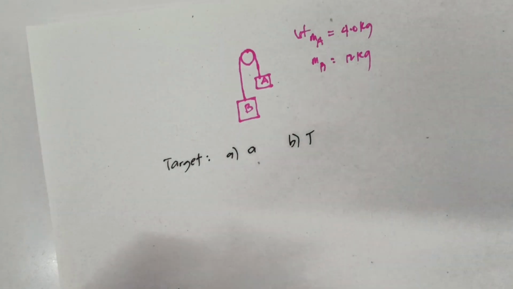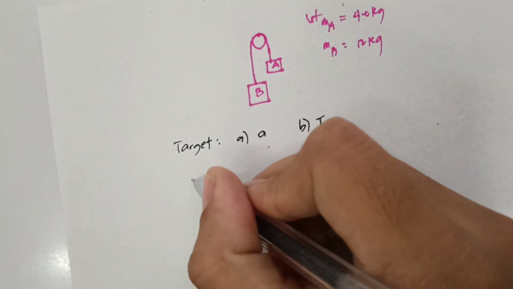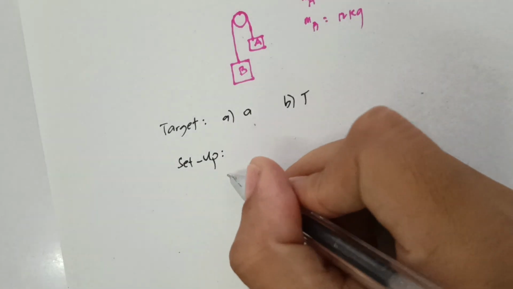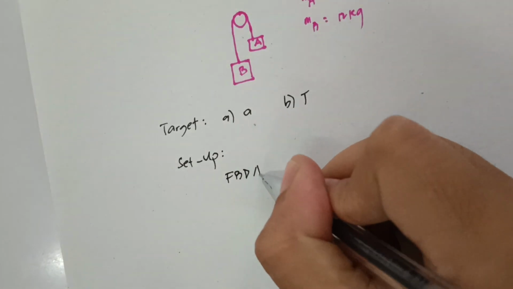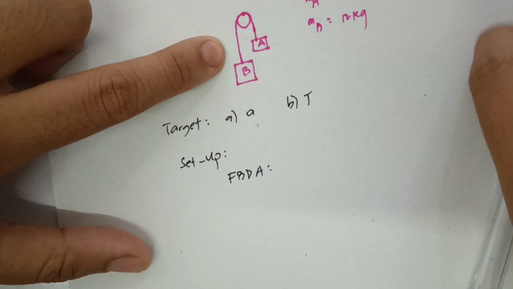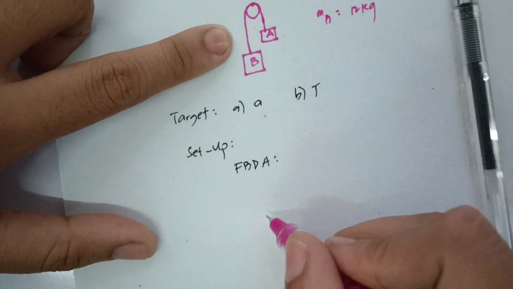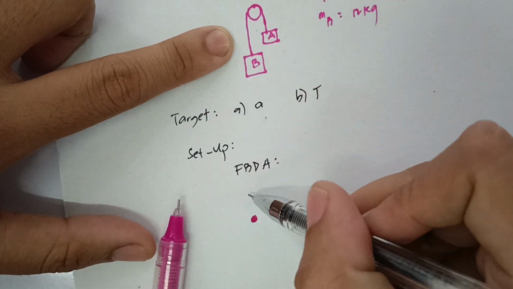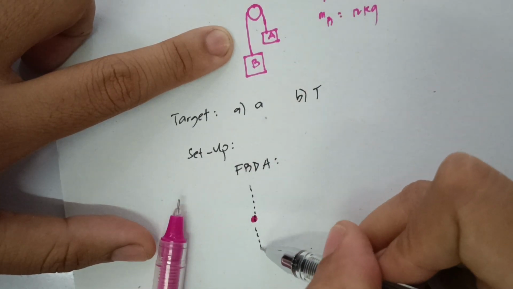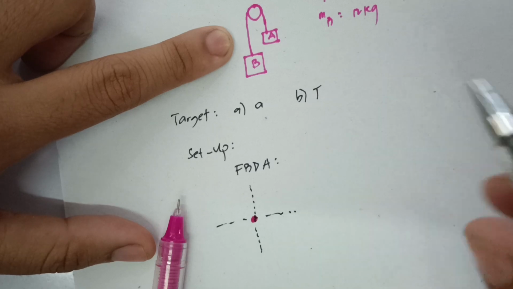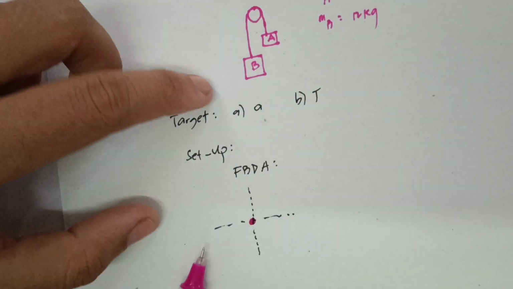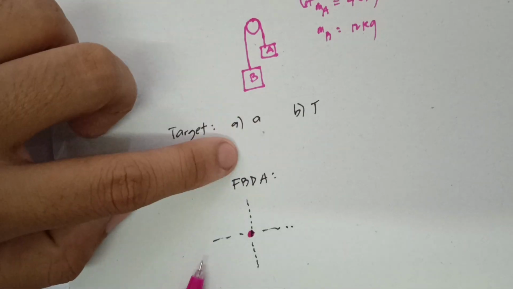Now, after writing the target, we have to draw the FBD. So, we have to set up the FBD. So, first, FBD A. So, titingnan natin ngayon sa A. If this is object A, we draw a Cartesian plane, and then we have to plot the forces that act on the object.